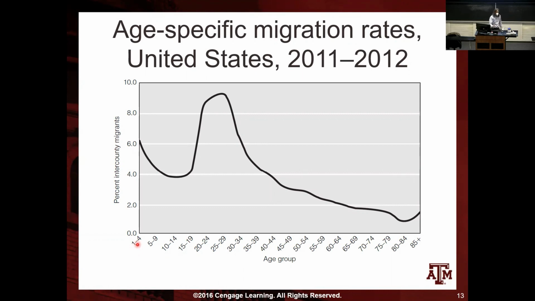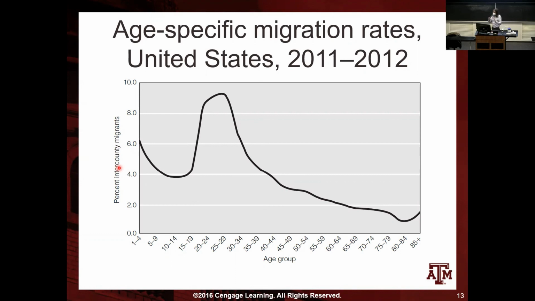We just have data for those who are at least 1 year old, because then we know if they were in another place within the US or they were living in that same place right now. So here we are just showing inter-county migration, people migrating from one county to the other.